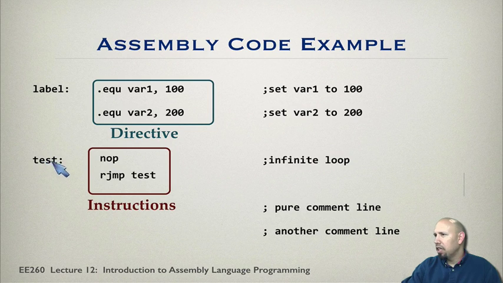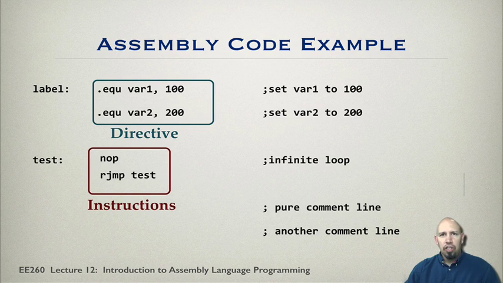So it's going to jump here. And so you can see this is an infinite loop. These are comments over here off to the side. This is basically going to just go around and around. I can have pure comment lines. Here's another comment line.